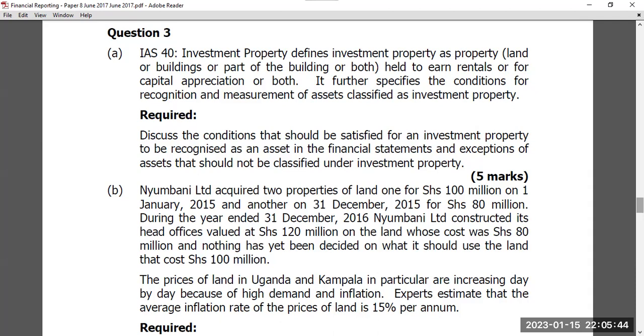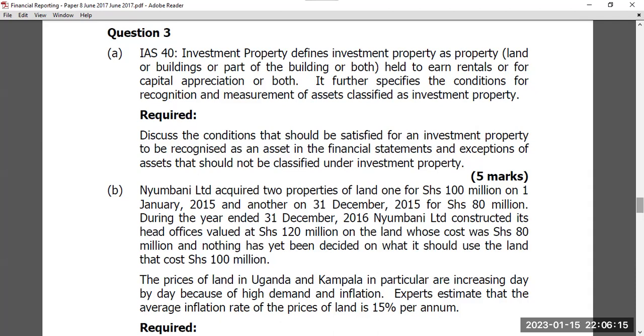So if you are acquiring any asset, whether long term or short term, it must be adding something to add value to the organization. If it doesn't add any value to the organization, then you are just holding that asset for nothing, because it's not helping the organization to grow.